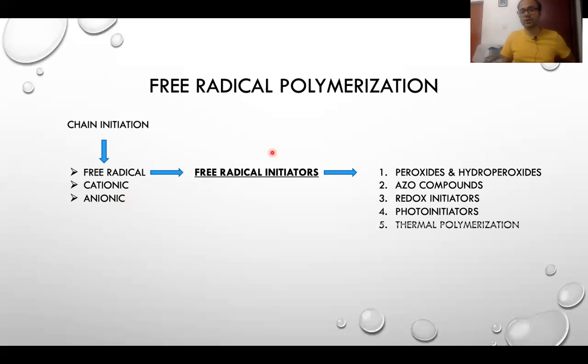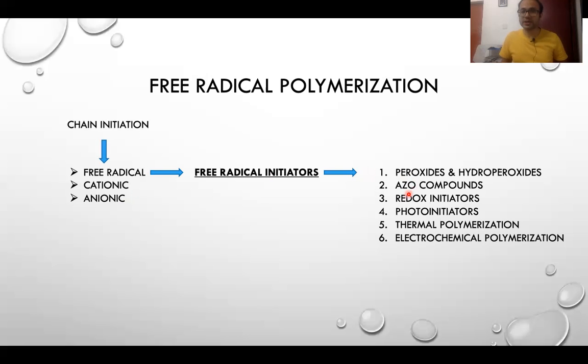We know the free radicals basically come from free radical initiators, and some of them you have already learned, possibly in your schools or in your lower semesters. Many of them, though, would be new to you.